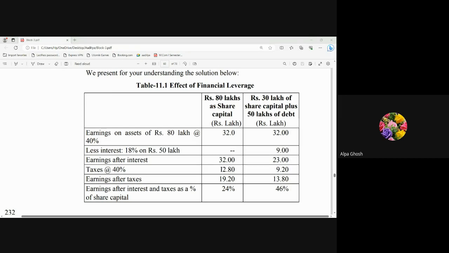In the first case you have not paid anything, so your earning remains the same, 32 lakhs. But in the second case, you have earnings of rupees only 23 lakhs because you have paid 9 lakhs as interest on debt. Am I clear?